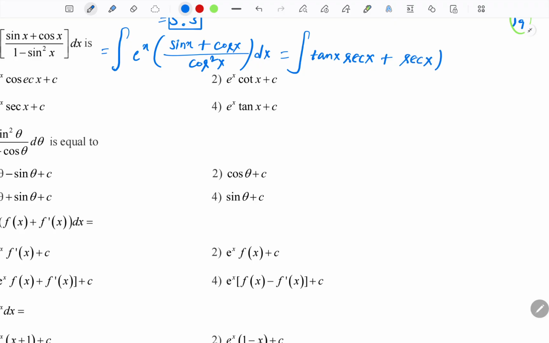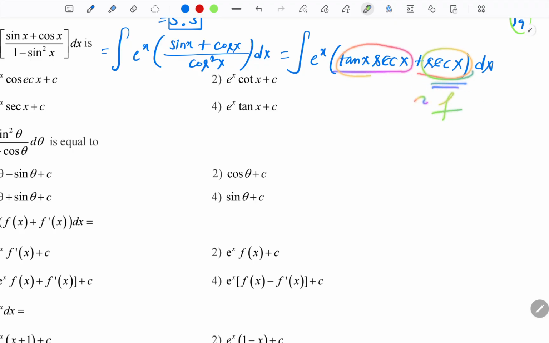So we get integral e power x times (tan x secant x plus secant x) dx. Now observe students, e power x times f of x plus f dash x. If the function is secant x, the derivative of secant x is secant times tan x.